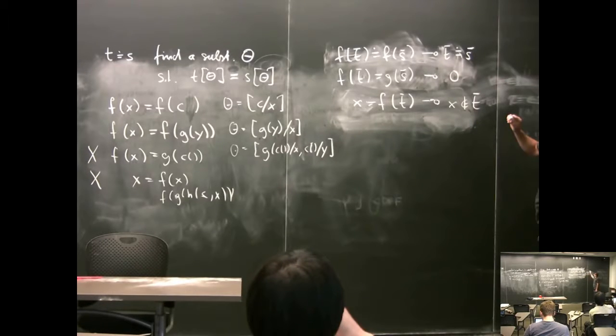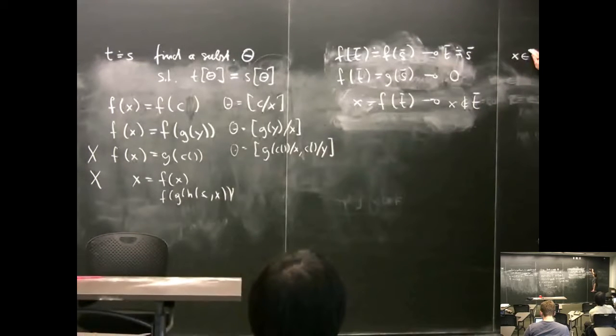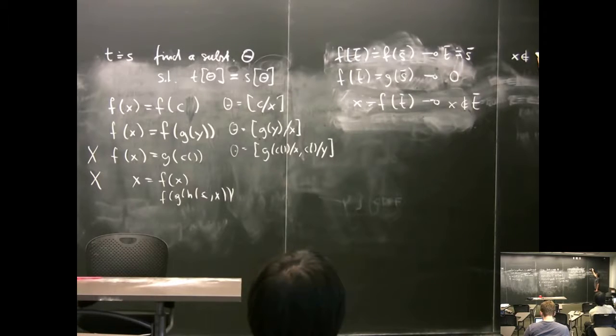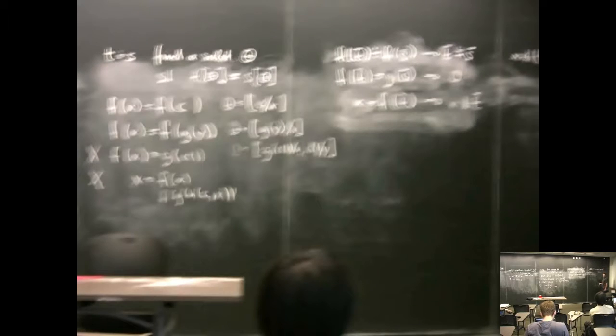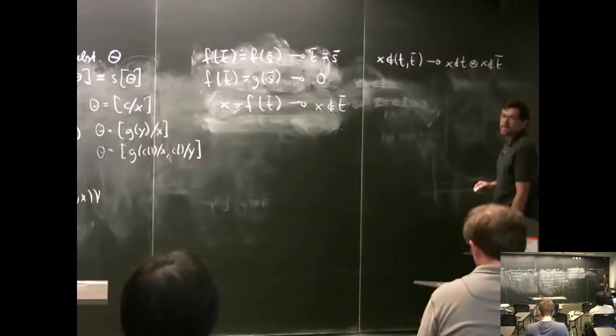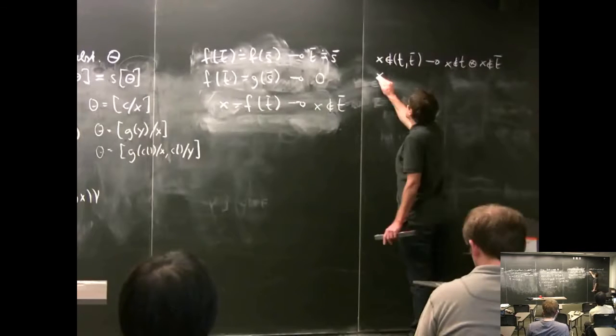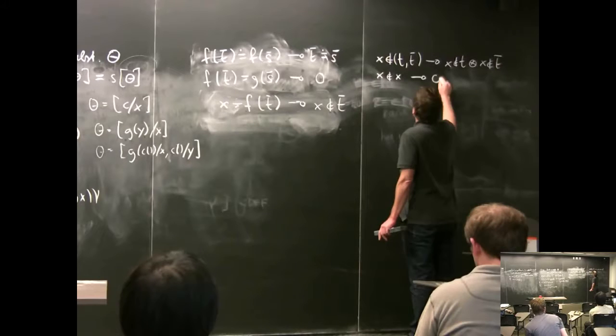So exactly how does that happen? If x is not in t, like a list of terms, then x is not in t. What else? If x is not in x, then there's a contradiction.